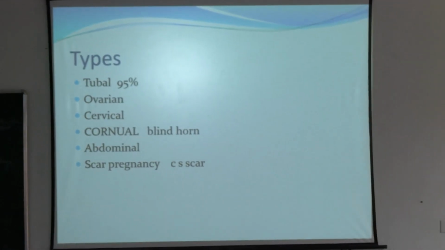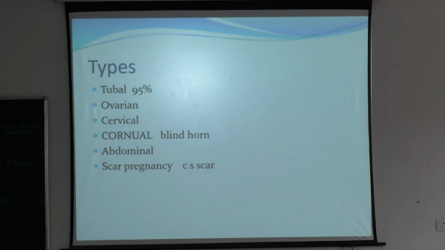So, tubal pregnancy is 95%. Among the tubes, there is the ampulla, which is the common area of implantation. Then there is the isthmus, maybe the fimbria also, and then the interstitial part of the tube. These are the four sites where the tubal pregnancy can occur. So, the commonest is the ampulla, and 95% of cases are tubal.